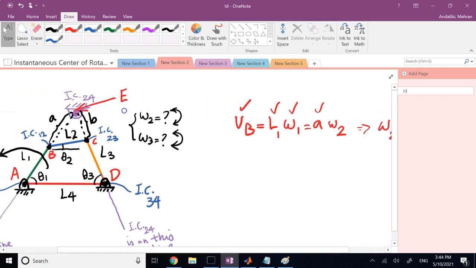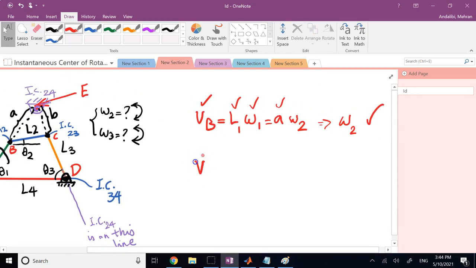And similarly, now that I know omega 2, what about point C? Velocity of C, since C is rotating about the center at E, could be written as B times omega 2. And if I know B through geometry, and omega 2 I already found, then I can find V of C completely.